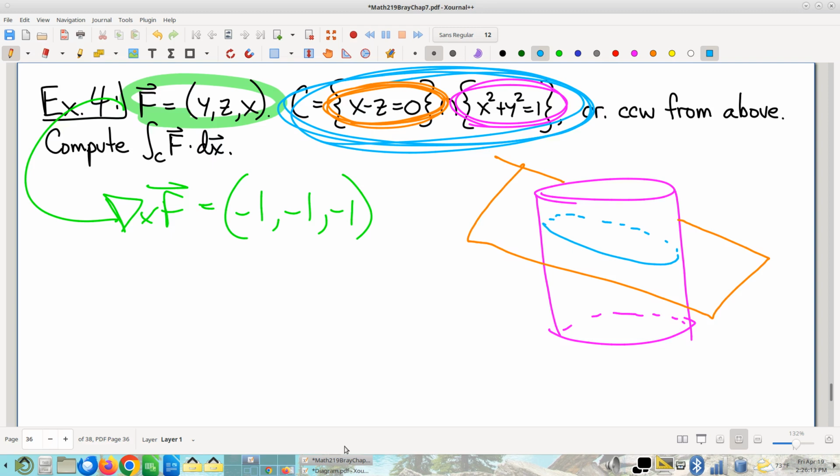So what I'm going to do is write down what this integral turns into using Stokes' theorem, and then we'll talk about how awesome it is.